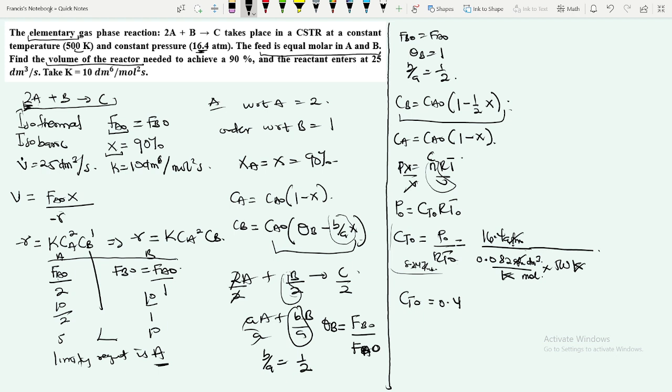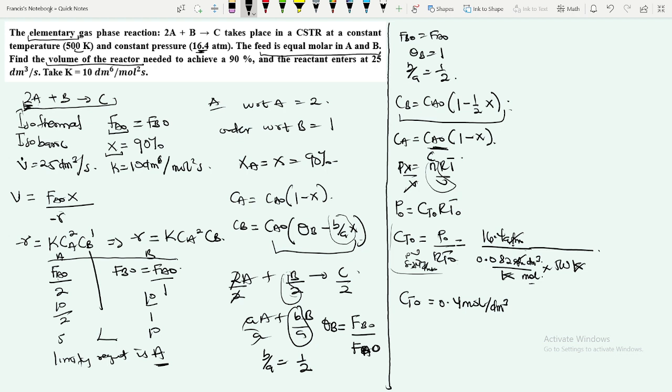So 0.4 mole per dm cube. Even if R is 8.314 joule per mole Kelvin, joules is pressure times volume, so in terms of atm and dm cube, the mole should be there. Our initial total concentration is 0.4 mole per dm cube.